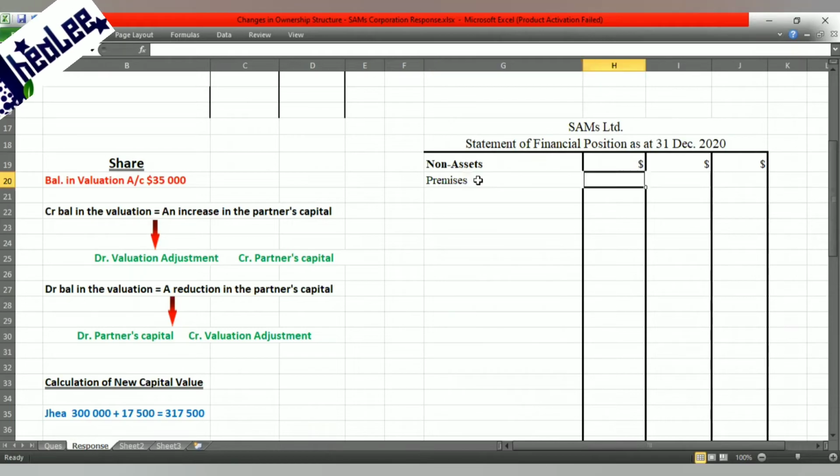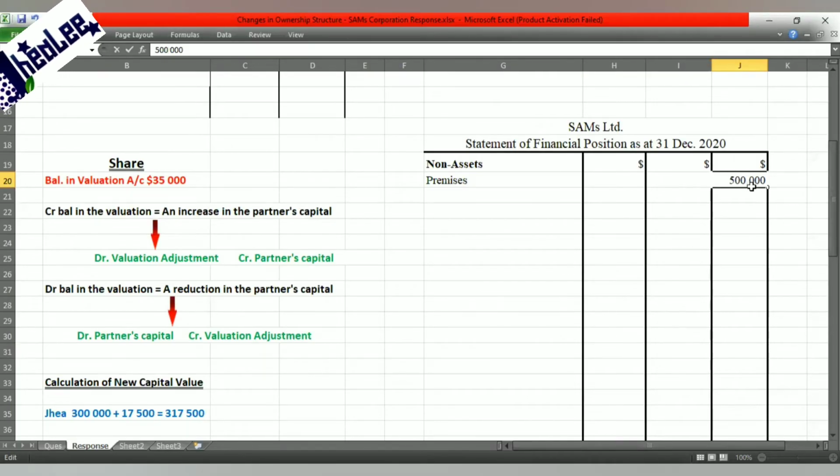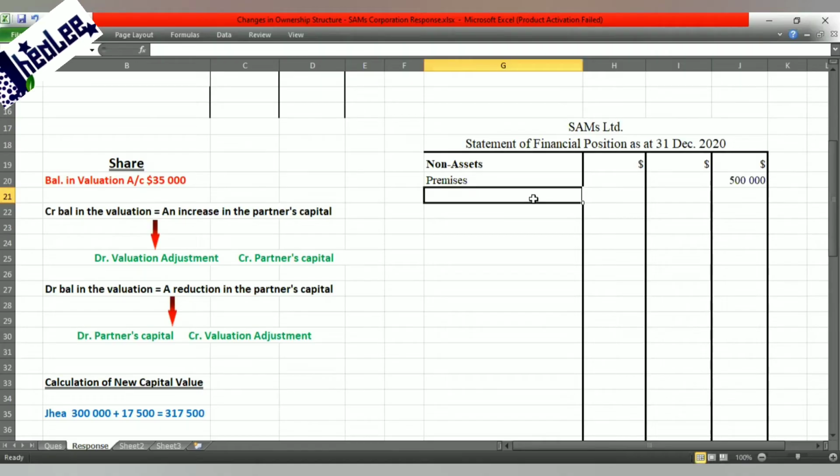Remember your order is important. And I'm going by way of order of permanence. And our premises value is 500,000. Remember, you're using the fair value. We're using the fair value in doing our opening balance sheet. These are the values that the business was assessed, and now they are the new values, so we're using those.